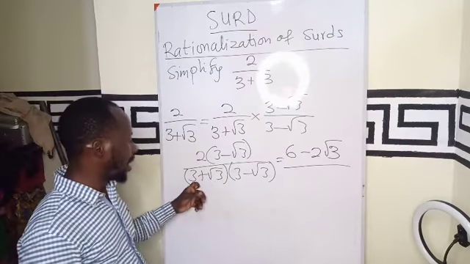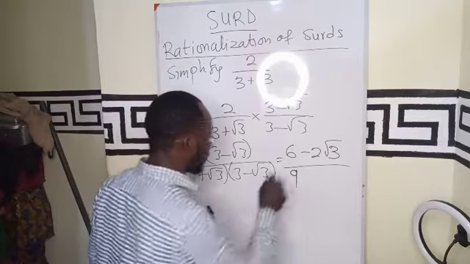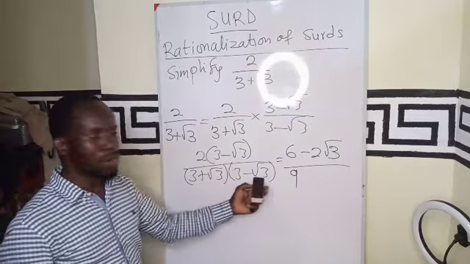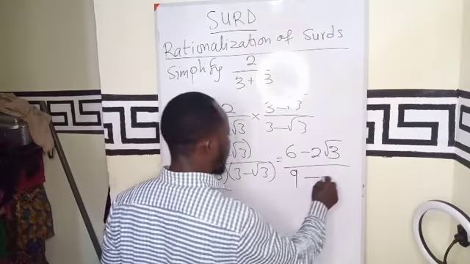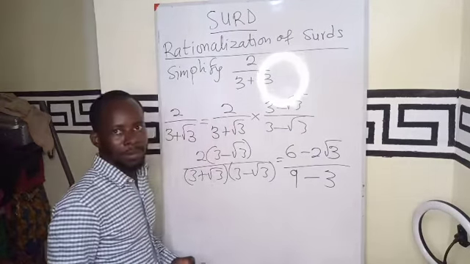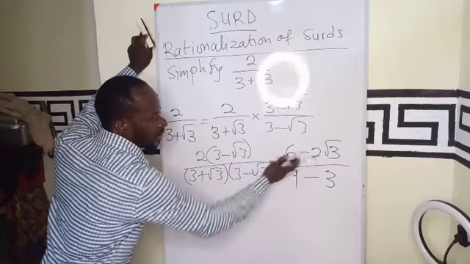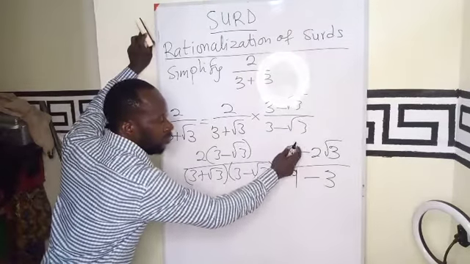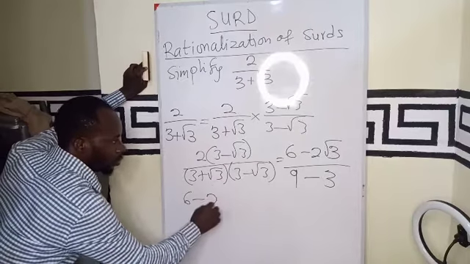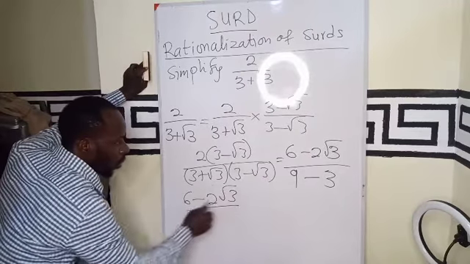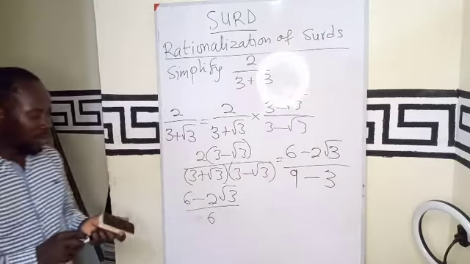So I only multiply 3 by 3 to get 9, then multiply the root by the root, and we know root 3 times root 3 will actually give us what? Only 3. So from there, since we cannot subtract this because this is not having any root, we maintain 6 minus 2 root 3 all over what? 6. This is what we get.